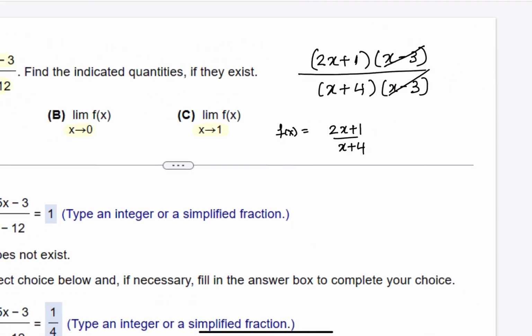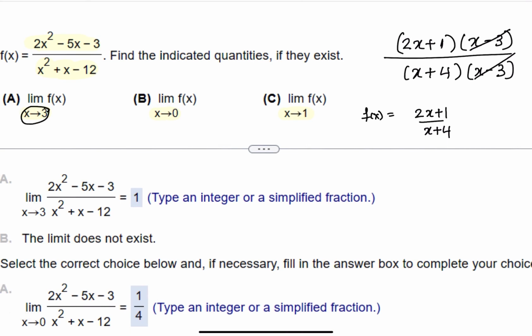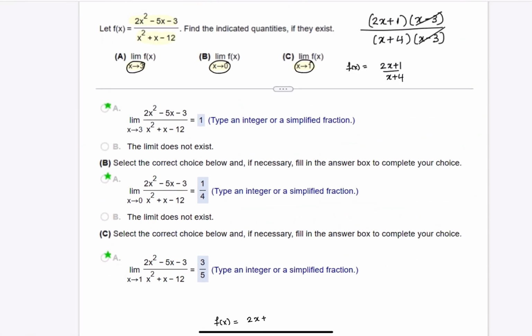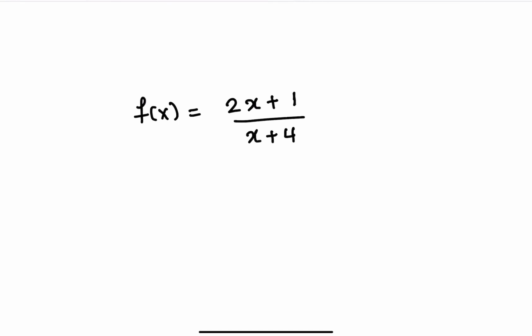What am I doing? I'm trying to see what happens to the function when the limit goes to 3, goes to 0, and goes to 1. Let's work it out here. My function f of x is equal to 2x plus 1 over x plus 4.